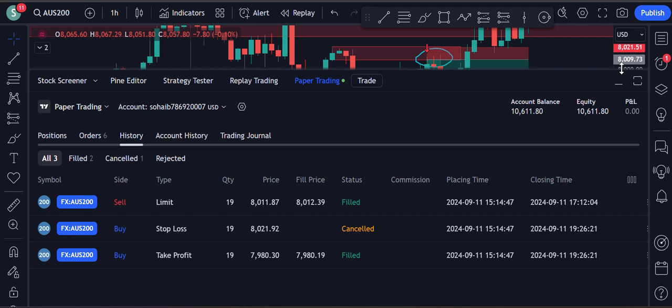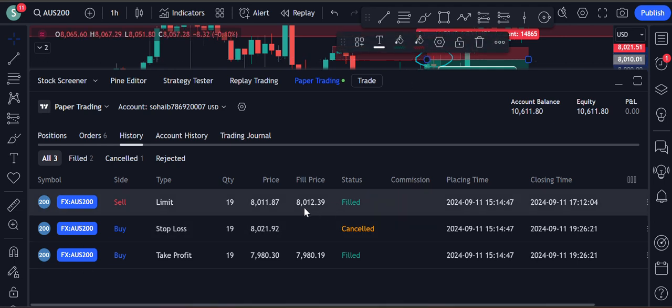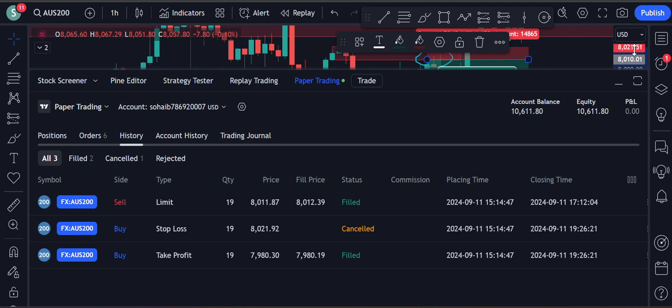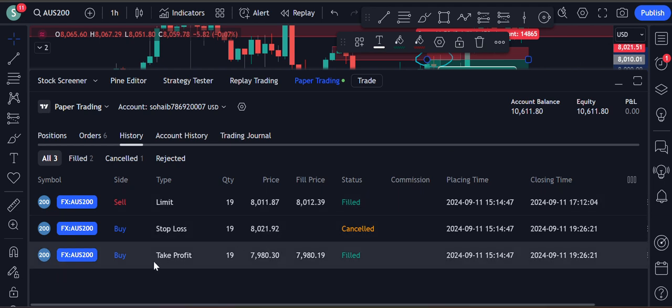What is my entry? It's around that only, a little above or less, but it's around the same. And then I had my stop loss at 8021, as you can see here, and my take profit at 3:1 risk to reward ratio, which has been fulfilled.